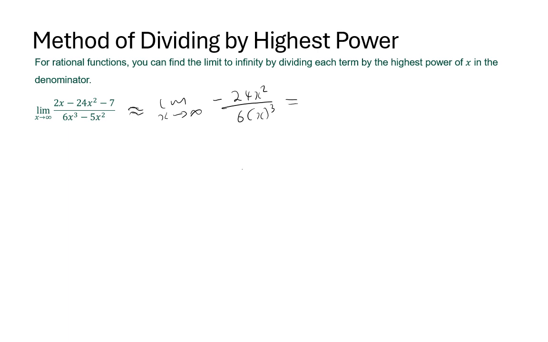If I substitute infinity, it will be minus 24 infinity squared over 6 infinity cubed, so this will be minus infinity over infinity, and this is undefined.